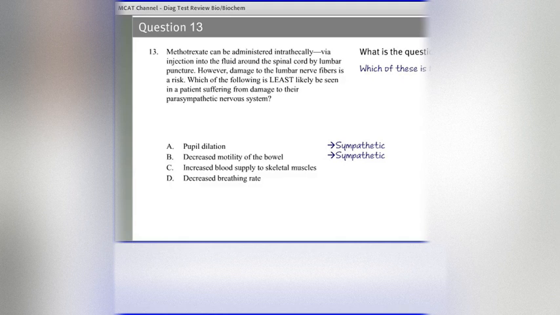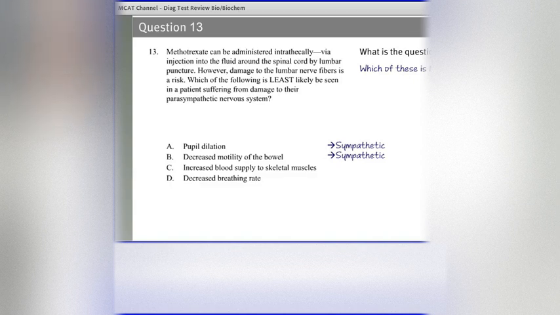It's still no. So James, Rachel, Maribel, you got what I was getting at here. First of all, they can't both be right. They never on the MCAT can two answer choices both be right. Second of all, we're being asked for which one is different, which one is least, which one is the except. So A and B are both sympathetic responses? Well then, if they can't both be right, then they must both be wrong.